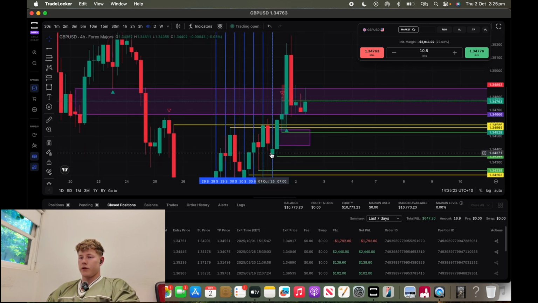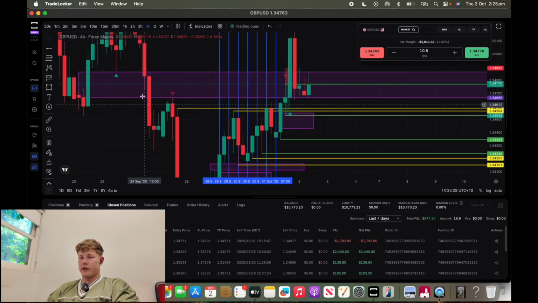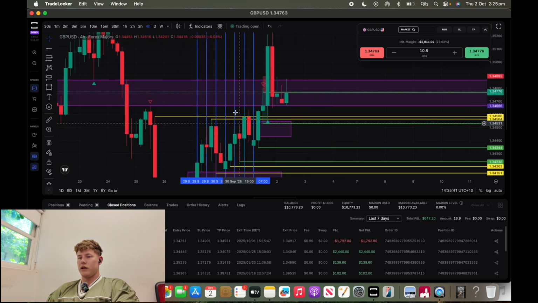So it was obviously also still looking very bullish. But I was expecting with this fair value gap here, the price was going to go fill in here, go bullish, and then look for the descent to take out all of this low level liquidity.